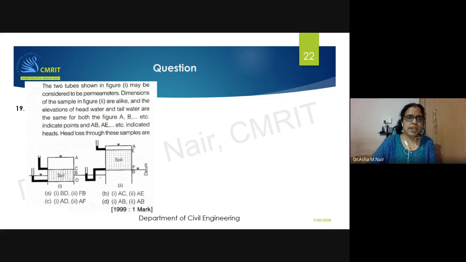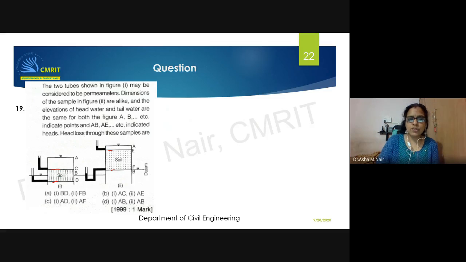Also the elevations of head water and tail water are the same. They are asking you to find the head loss through the samples. So what is the sample here? This is the top of the sample and this is the bottom of the sample.